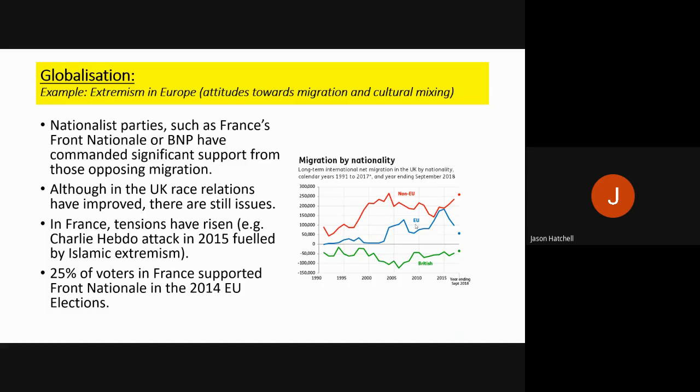So, for example, you may remember the Charlie Hebdo attack in 2015 near Paris, and that was fueled by Islamic extremism and Islamic terrorism. 25% of voters in France supported the Front National in the 2014 EU elections.